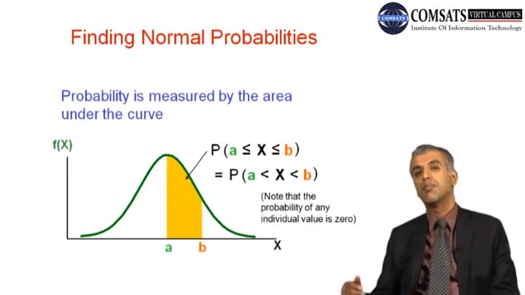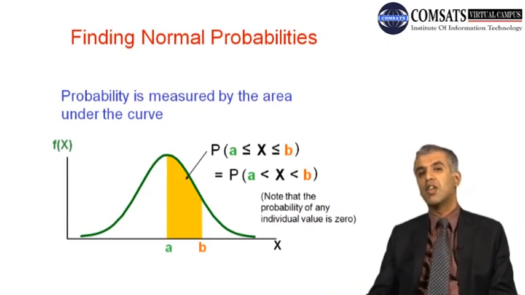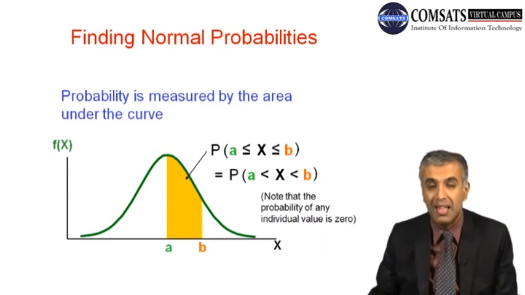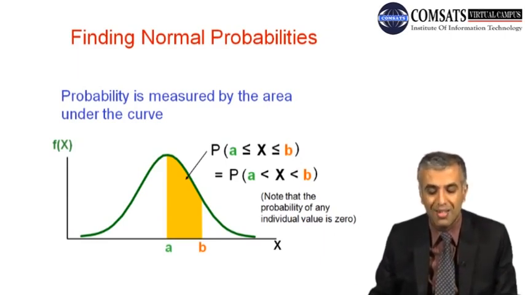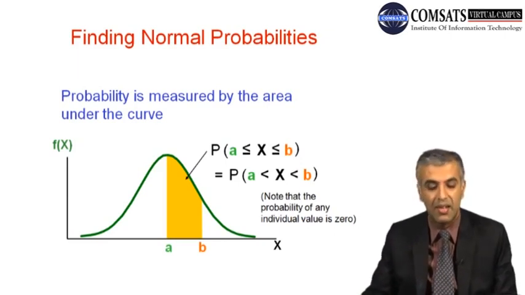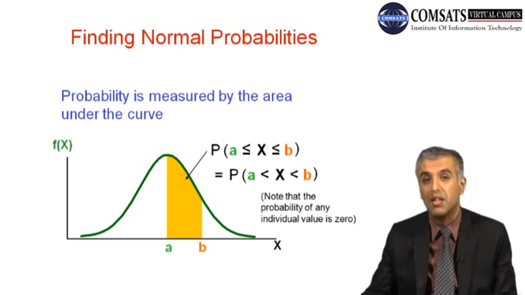Based on that, the most important concept regarding normal distribution was discussed, and that was to find out the probability of occurrence of any value, which is calculated by measuring the area under the curve. So here you can see the concept which is shown, and we discussed in detail how to follow up this probability concept using the normal distribution curve.